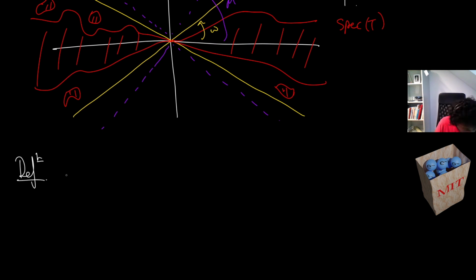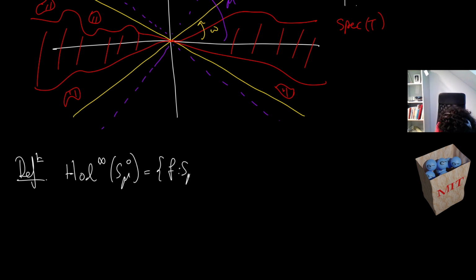So I'm going to define H infinity, holomorphic functions on S mu naught, to be f from S mu naught to C holomorphic and bounded.